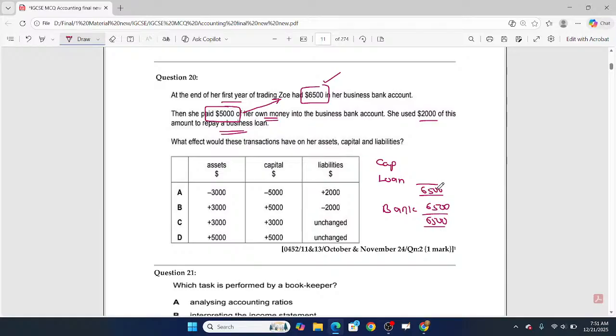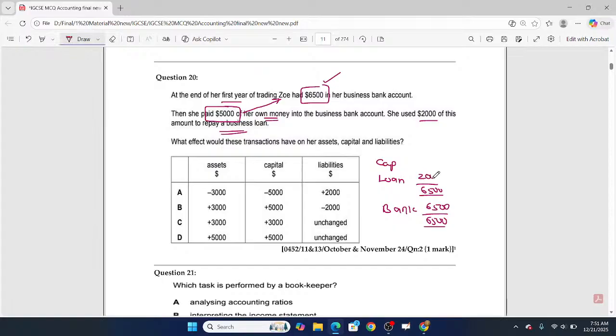We assume out of 6,500, 3,000 being capital, 3,500 being the loan, like we can assume. It's only an assumption because she used $2,000 of this amount to repay the business loan. Means the business loan could be more than 2,000 or exactly 2,000. That's how we can assume.